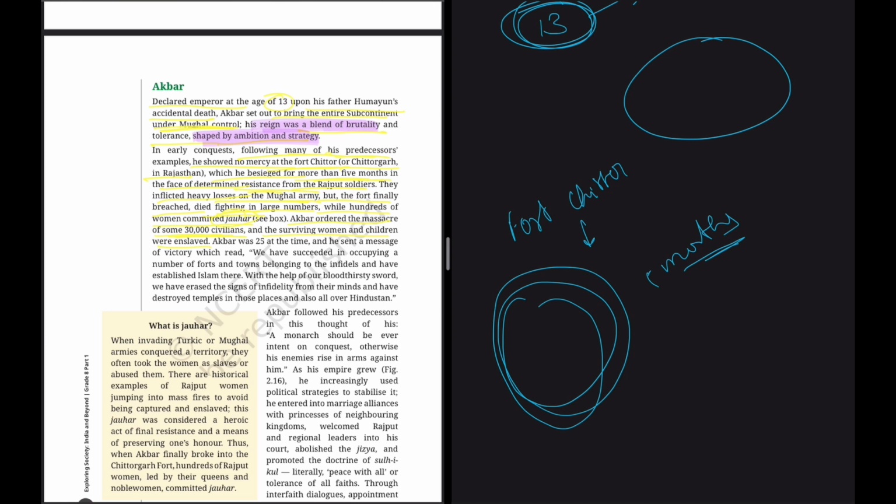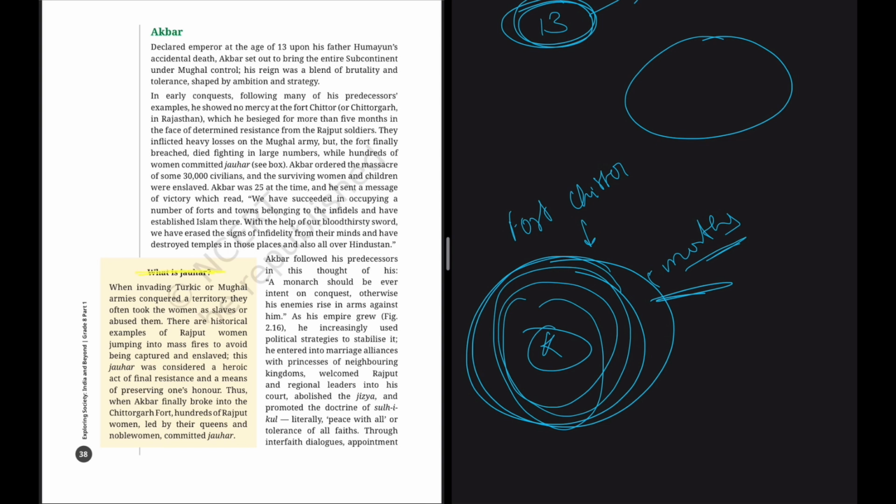Placing armed forces around a fort is called besieging. It caused heavy losses for the Mughals, because keeping military camps at one place for such a long period would cost a lot. Even though it was very expensive, the fort was finally breached and the defenders died fighting in large numbers, while hundreds of women committed Johar.